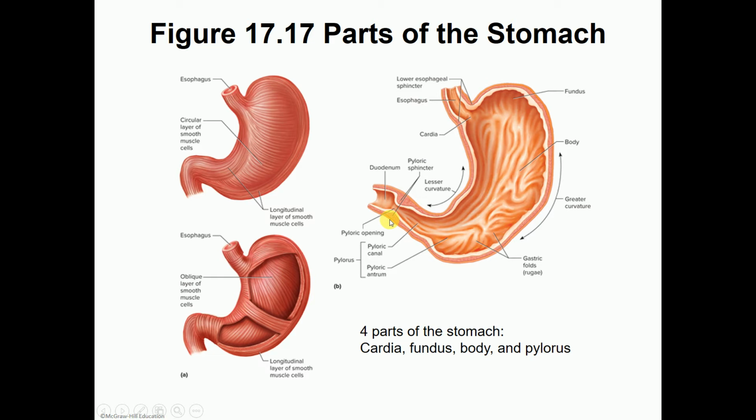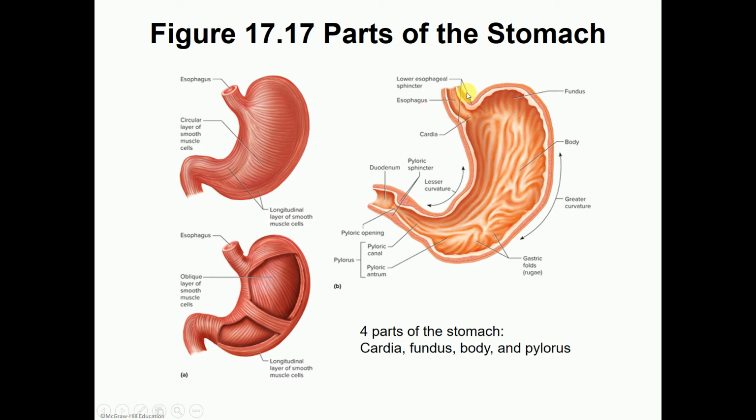Going through the whole process again: after we swallow a bolus, the lower esophageal sphincter has to relax. It enters the stomach, and all of the gastric secretions come out. There will be segmentation, which is mixing of the bolus of food with the gastric juice.